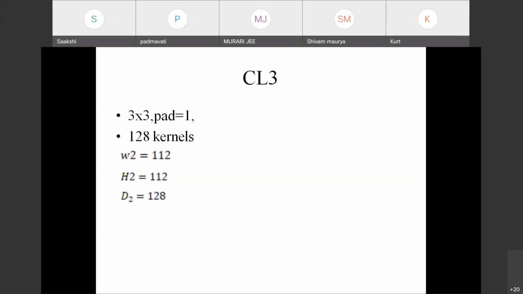So again, before moving to the next layer, let us compute the number of learnable parameters which are required. Yes, it is very much correct.